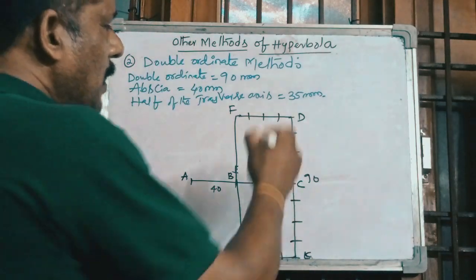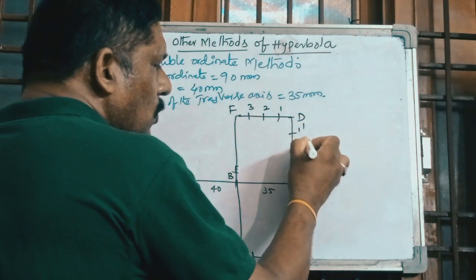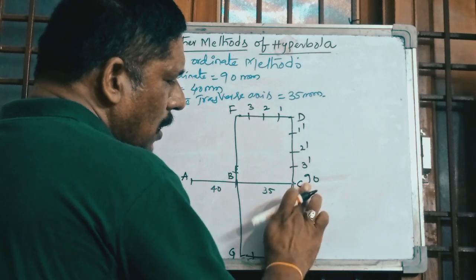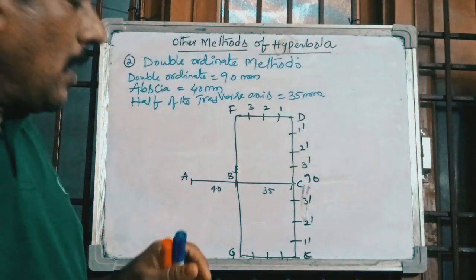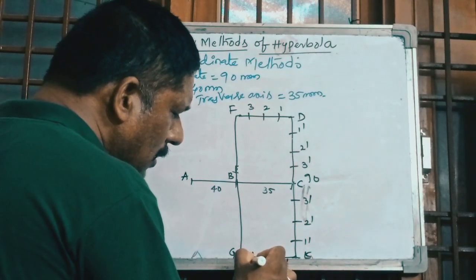Give the numbering from this point: 1, 2, 3. So 1 dash, 2 dash, 3 dash. Here also 1 dash, 2 dash, 3 dash, and mark the points similarly here 1 dash, 2 dash, and 3 dash.